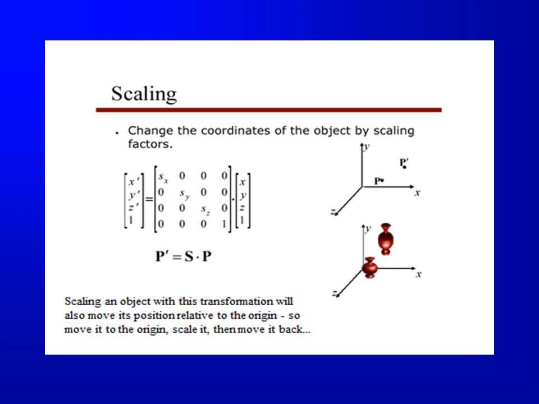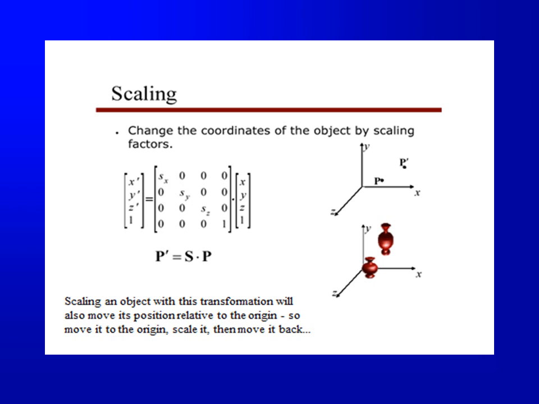It is the new coordinates, okay, equal to the scaling matrix, okay. So sx, sy, sz are on the diagonal, and then the value 1, so it is easy to remember. And it is multiplied into the coordinates, that is x, y, z and 1.